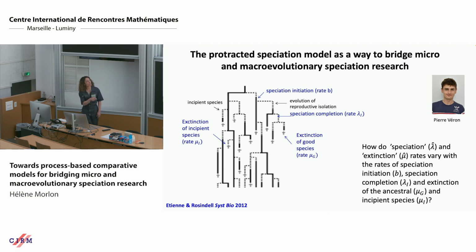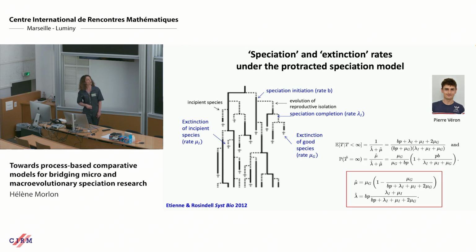And here I put that in quotes because when we have this protracted speciation process, we no longer have an expectation of exponential distribution and so on, such as in the birth-death process. So it's really equivalent rates, and what we call equivalent rates here are the rates that are going to provide the same expected time for speciation and the same probability that extinction occurs.